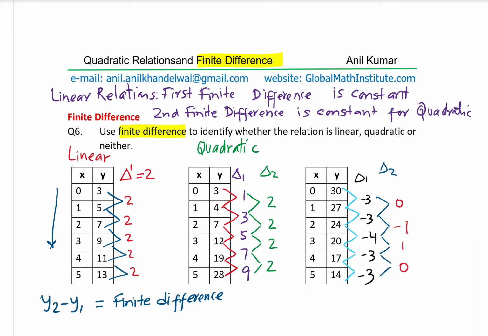Well, that is also not constant. So it is neither linear nor quadratic. So that is how we can, from the data, find out whether it represents a linear relation or a non-linear relation.